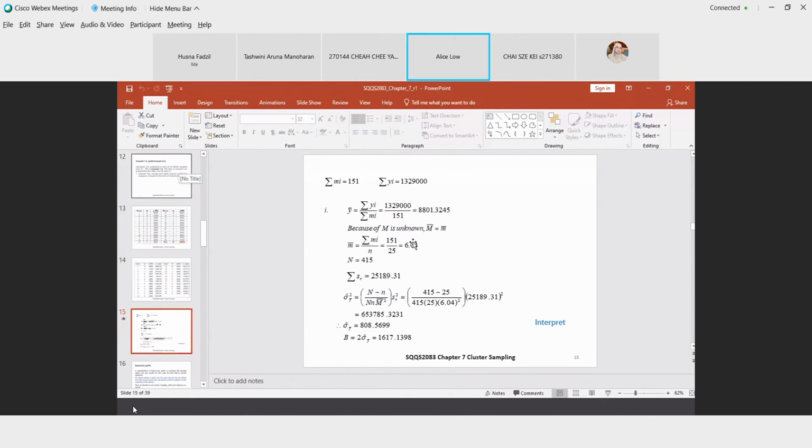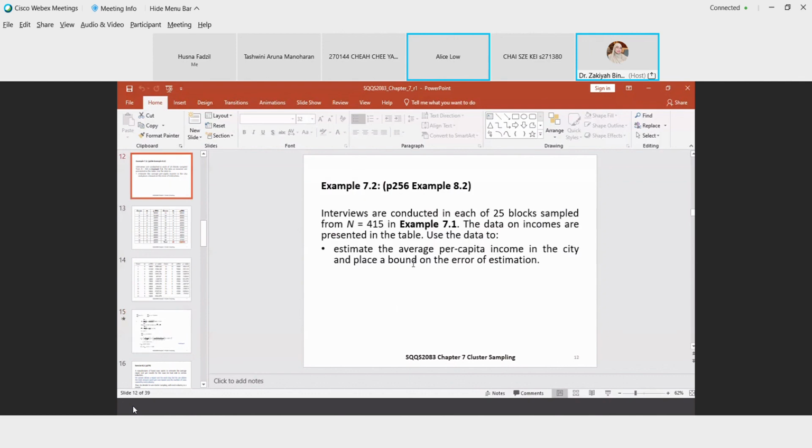So this is per block, about 6 per block. Yes, that's part of your story, and it helps you understand, but for the interpretation, just go back to the question. You need to interpret the average per capita income and the bound of error. What does it mean?